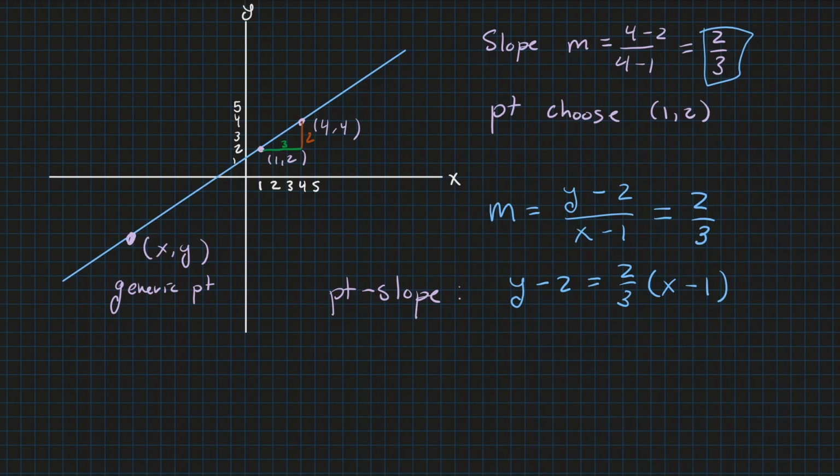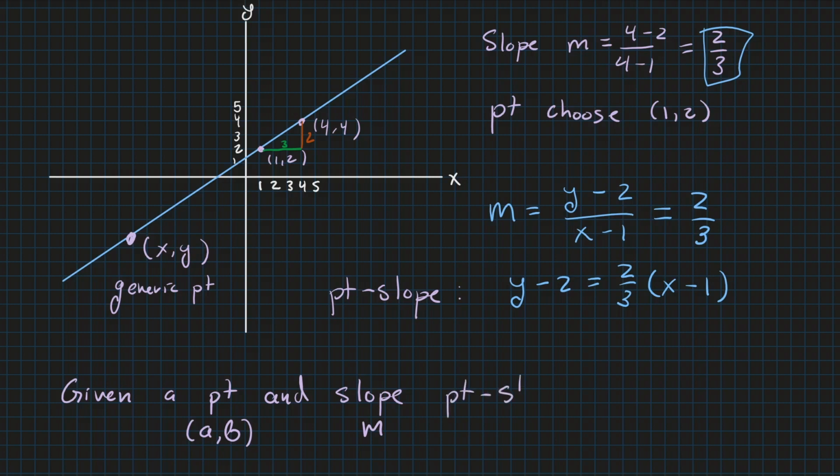So in general, given a point and slope, I'm going to say the point is (a, b), and the slope is m. The point-slope form is the equation y − b = m(x − a).